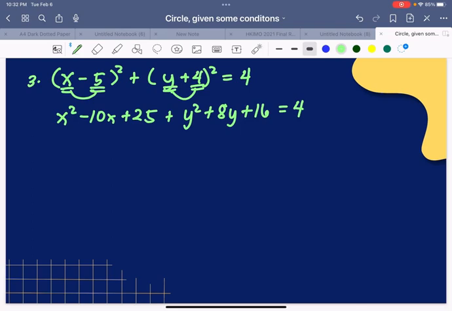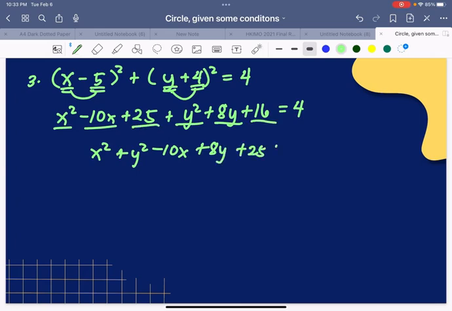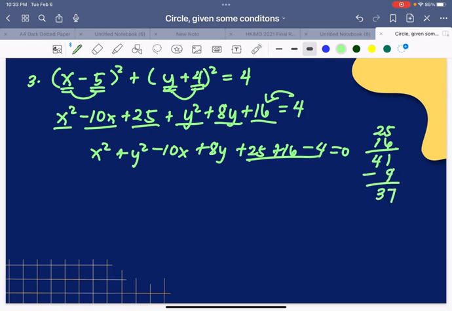So arrange now the terms according to the general form. You will have the x squared plus y squared minus 10x plus 8y plus 25 plus 16 minus 4 equals to 0. So we transform 4, it will become negative 4. So we're going to simplify this. 25 plus 16 is 41 minus 4, that is 37.